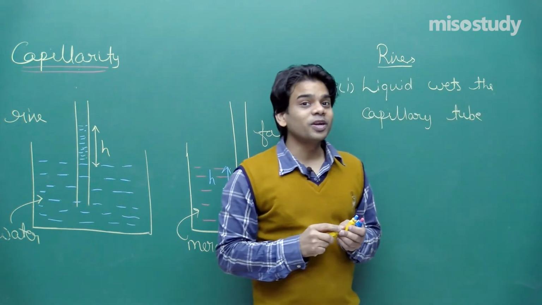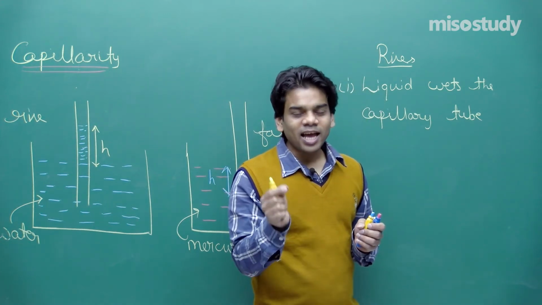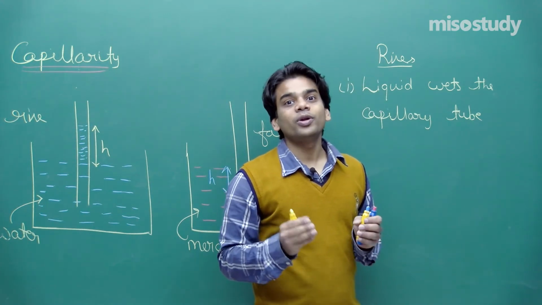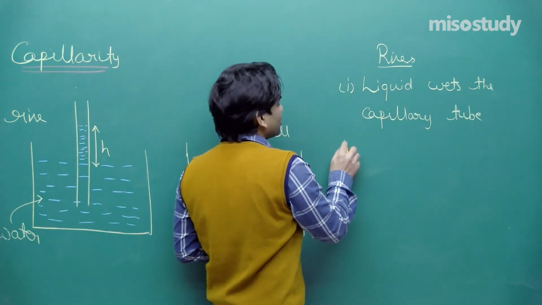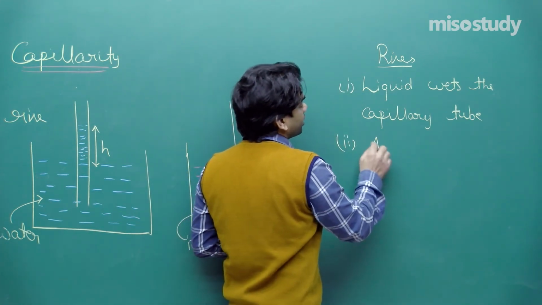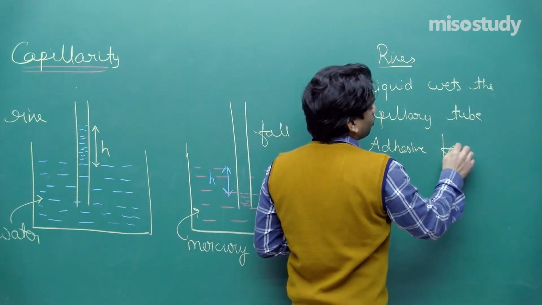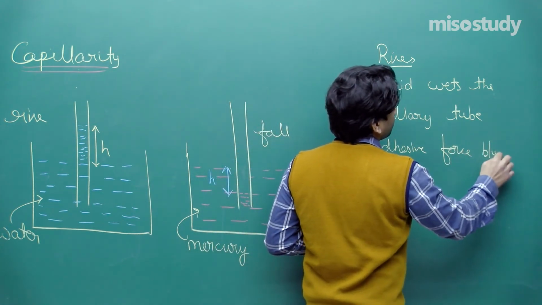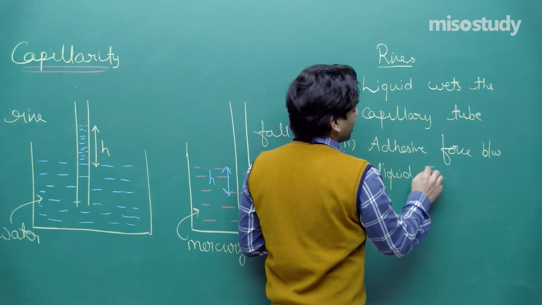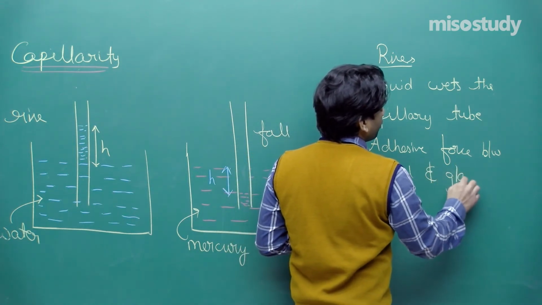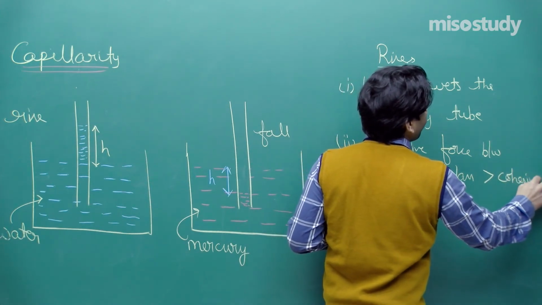If the liquid wets the glass tube, that means the adhesive force between liquid and capillary tube will be more compared to the cohesive force between the molecules of the liquid. Second, the adhesive force between liquid and glass will be greater than the cohesive force between liquid molecules.